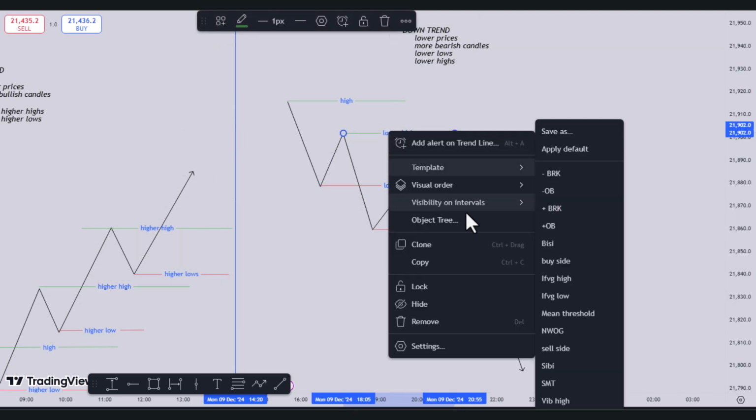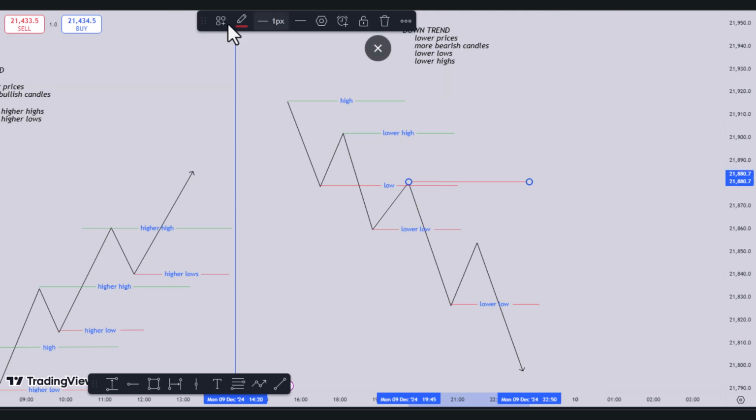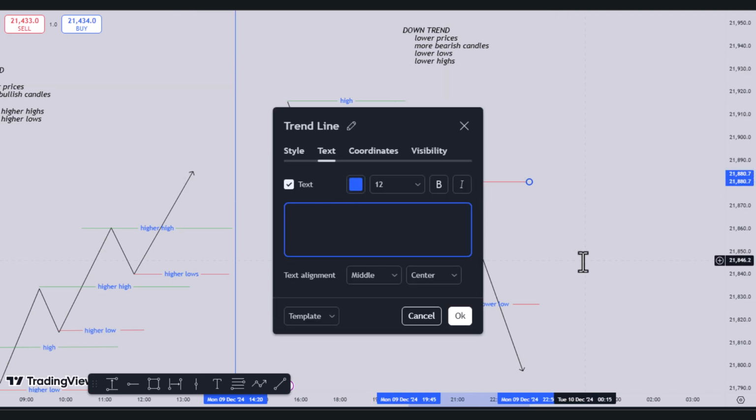This is the top characteristic. We keep seeing lower lows and lower highs. The new high does not take out the previous high. That means we are in a bearish trend.